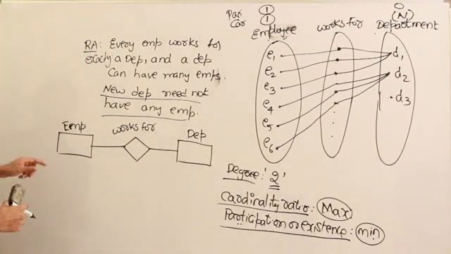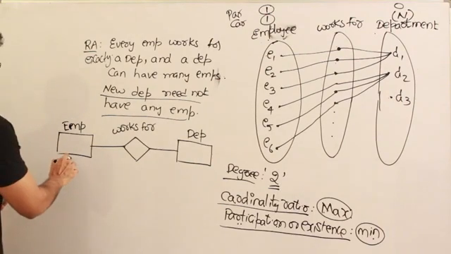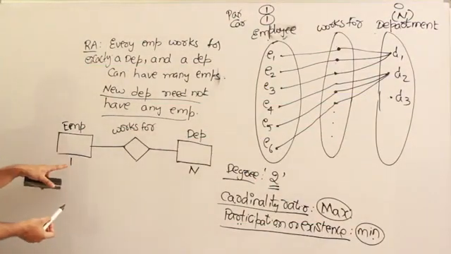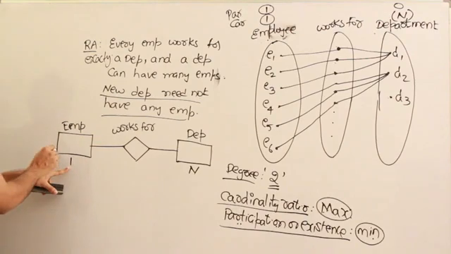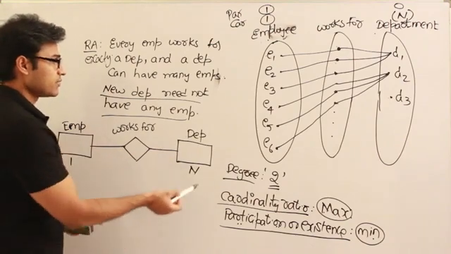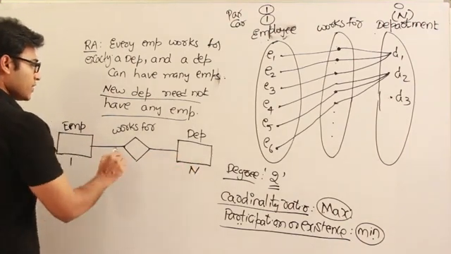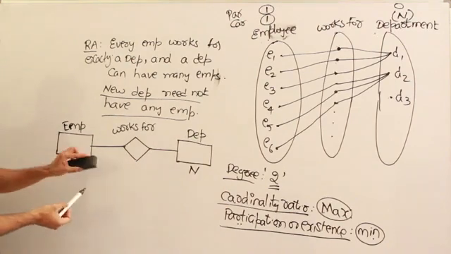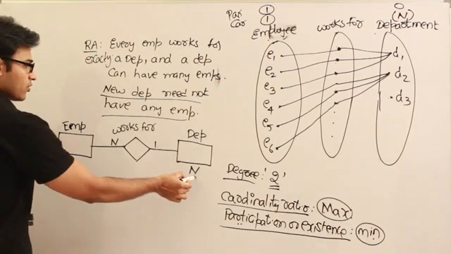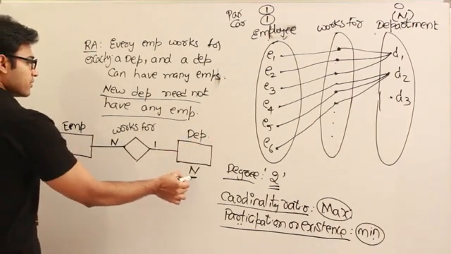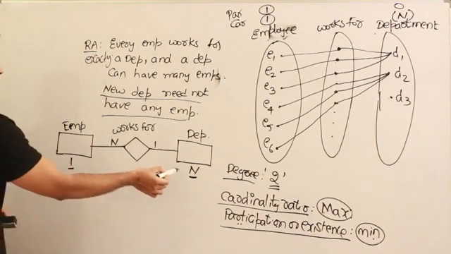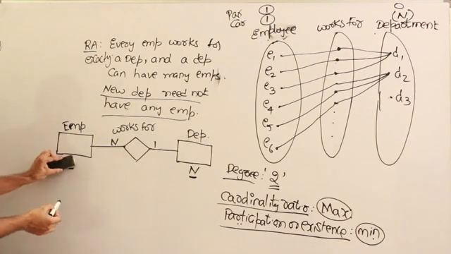We know that the cardinality of employee is 1, which means the maximum number of relationships in which an employee entity participates is 1, and the maximum number of relationships in which a department can participate is n. But when we write this, we will not write 1 and n on the corresponding sides; we write n here and 1 here, and we are not going to write anything here.